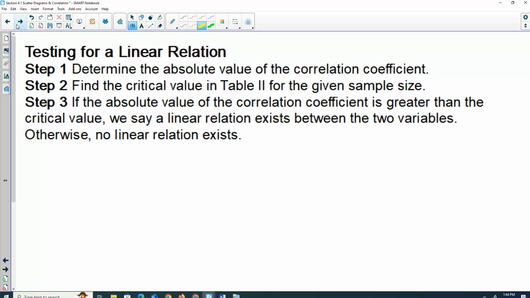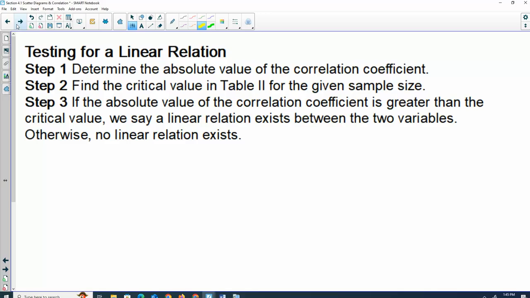Just decreasing. So we're just really looking at the absolute value. But it's based off the number of points in your set. So we had 5 points in our set, right? So you would go down to n equals 5, and it tells you your critical value is 0.878. So anything 0.878 or higher would be considered linear, or negative 0.878 or lower. If you look down, like if you had 30 points, it's only 0.361. Because the more points you have, the more variability we expect anyway, so a smaller number is required.